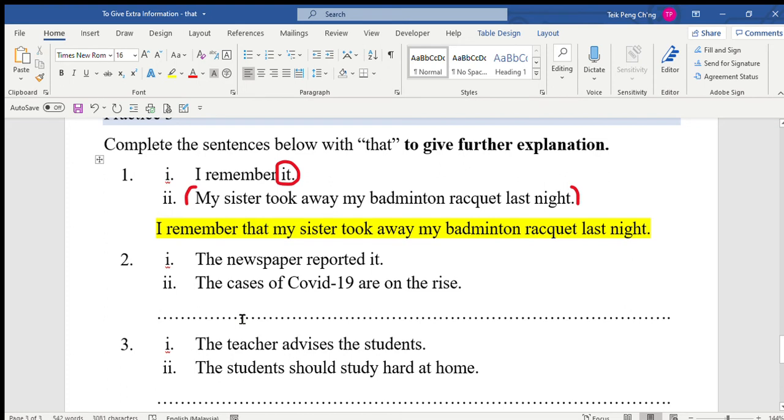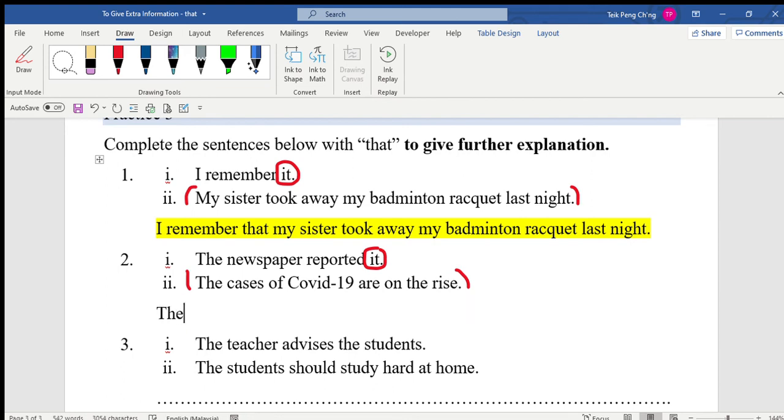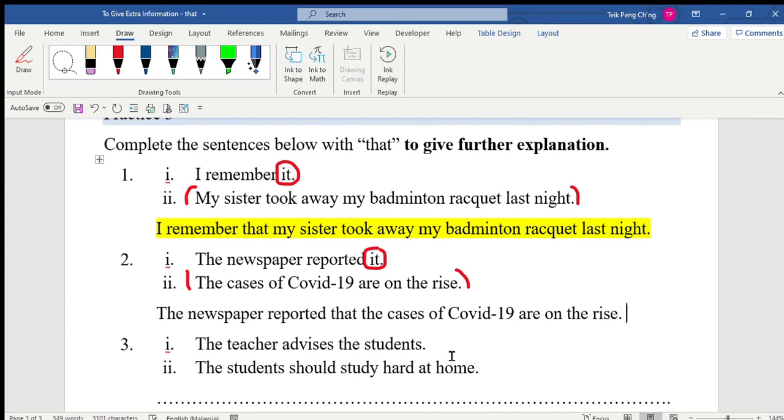Number 2, the newspaper reported it. So the it here refers to what? It refers to the cases of COVID-19 are on the rise. So when you combine them, you have to combine it this way. The newspaper reported that the cases of COVID-19 are on the rise.